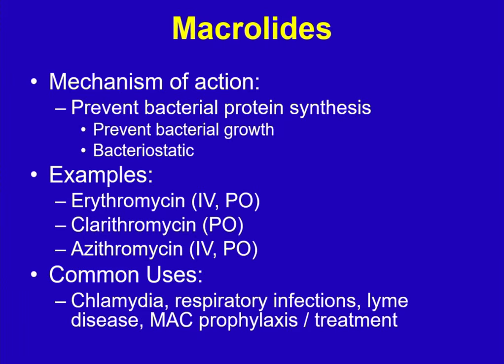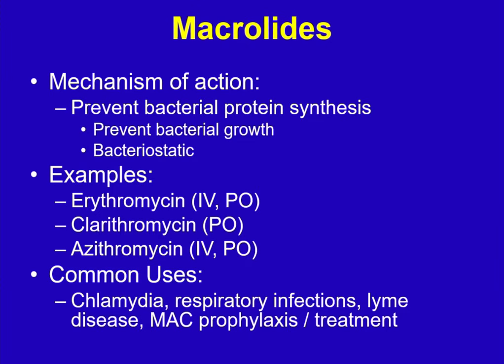That's it. Macrolides. I'm not going to talk much about macrolides in one slide. It's bacteriostatic. They work on one of the ribosomal subunits to prevent bacterial protein synthesis. We have 3 flavors: erythromycin, clarithromycin, and azithromycin.